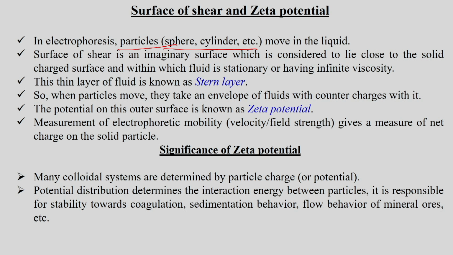Now, this thin film layer of the fluid is known as the Stern layer. Okay. And so, when particles move, they take an envelope of this liquid fluid with counter charges with it. Okay. So, the potential on this outer surface is known as the zeta potential, and the measurement of electrophoretic mobility gives a measure of the net charge on the solid particles. Okay.